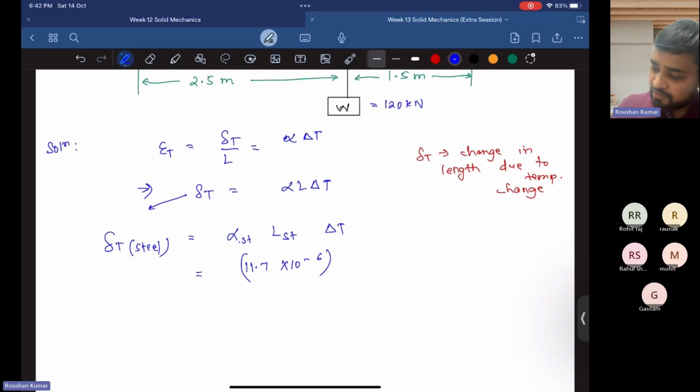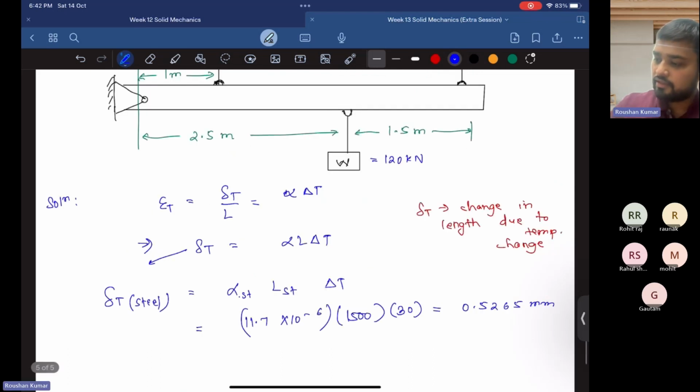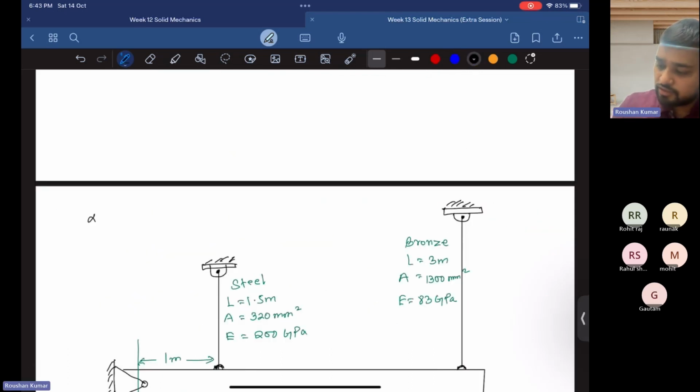Length of the steel is already mentioned, 1500 mm. I am converting all the units to mm, and delta T is 30 degrees Celsius. So it will come out to be 0.265 mm. Alpha of the steel and alpha of the bronze are also mentioned in the question. Alpha of the steel is 11.7 into 10 to the power minus 6, and alpha of bronze is 18.9 into 10 to the power minus 6.